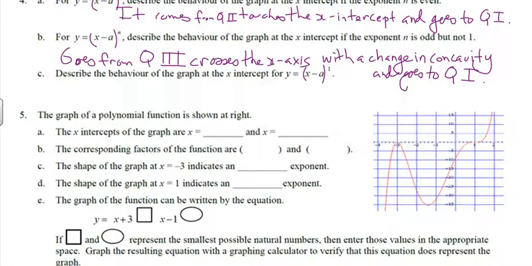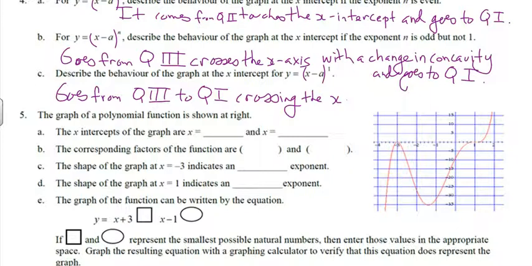Describe the behavior of the graph at the x-intercept for y equals (x minus a) to the 1. It's a line. So it goes from which quadrant? Quadrant 3 to quadrant 1, crossing the x-axis with no change in concavity.